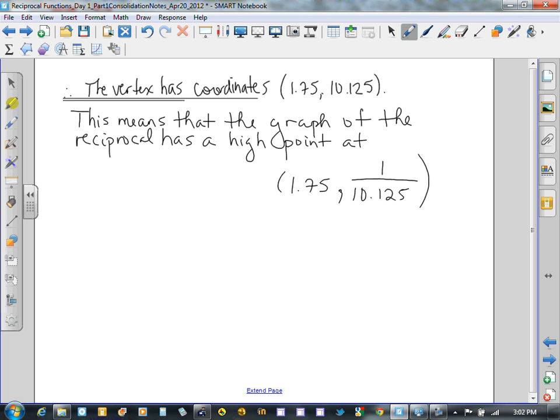And if we were to determine a decimal equivalent for that particular point, what we're going to notice is that it's about minus 0.1. So that is approximately equal to 1.75 comma minus 0.1. And again, that's negative 1 over 10.125.